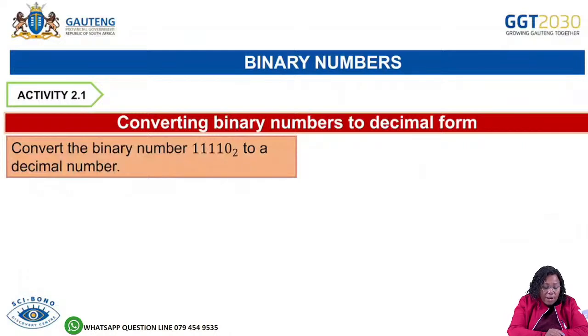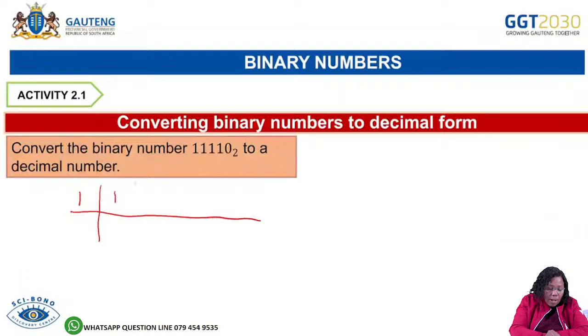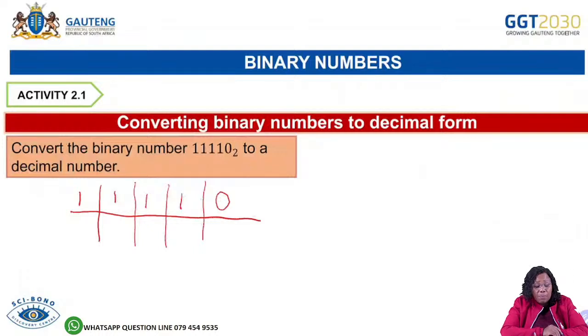Now we have a binary 1 1 1 1 0. For now, we don't indicate the base because we want to convert this to decimal. Remember that place value table, where you start with 2 to the power 0, 2 to the power 1, from right to left.